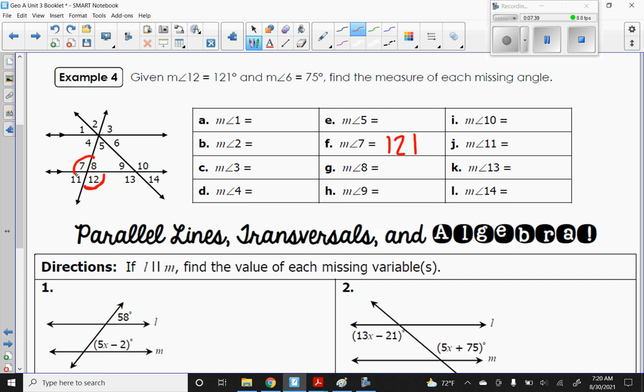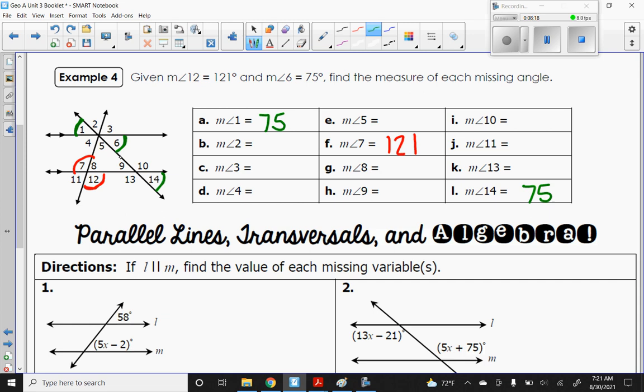I'm going to stop right there and move on to 6. 6, I'm going to put in green, is 75. Now, 14 must be 75. It is on the same transversal and in the same position. So that is going to be 75. Let's look at angle 1. Angle 1 is vertical to angle 6. That is 75.